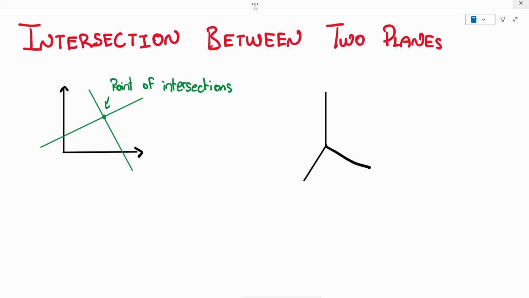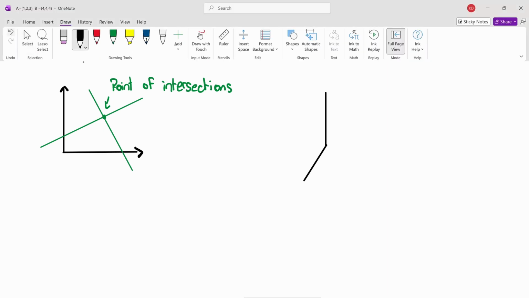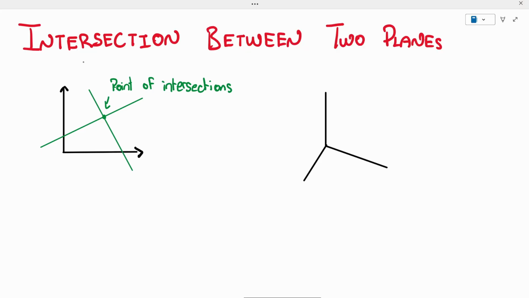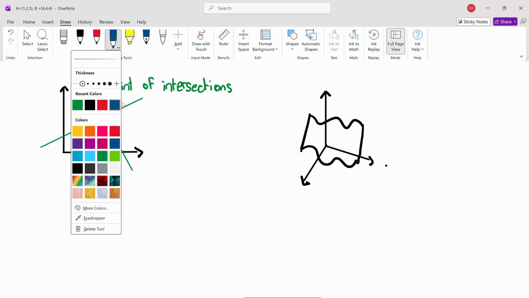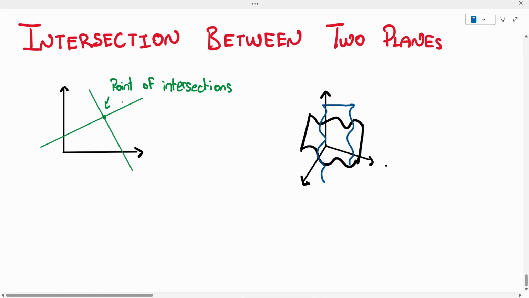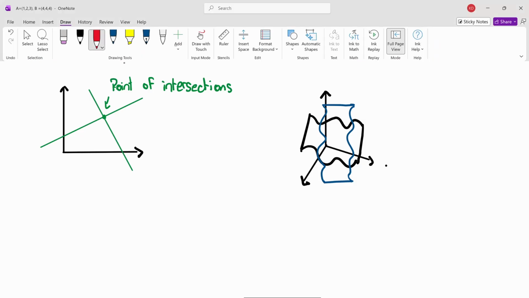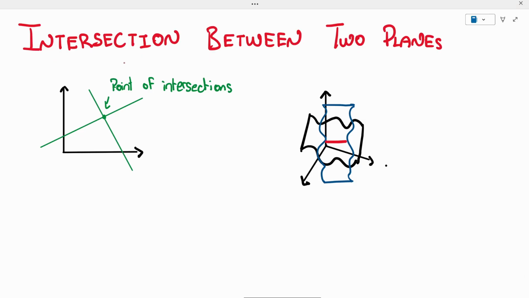So when we intersect two planes, we're going to try to draw this, we get a point of, we don't get a point of intersection, we get a line of intersection.